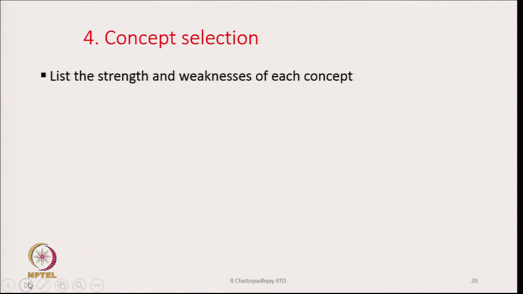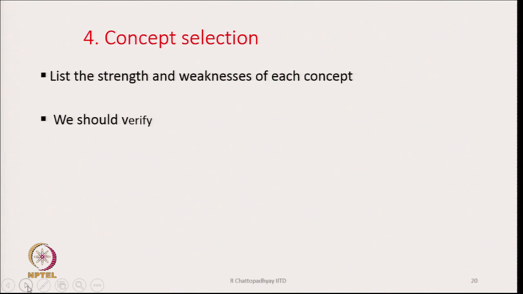If a couple of concepts are generated by different people, then people should sit together and try to list the strength and weakness of each concept. We should verify whether the customer needs have been met. So, for each concept, we will ask these questions and seek answers. Whether the customer needs have been met.